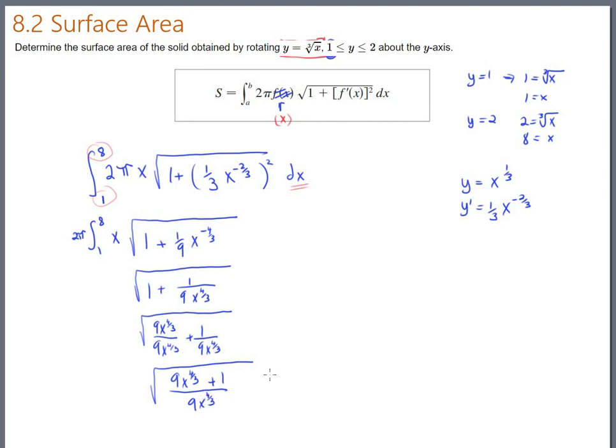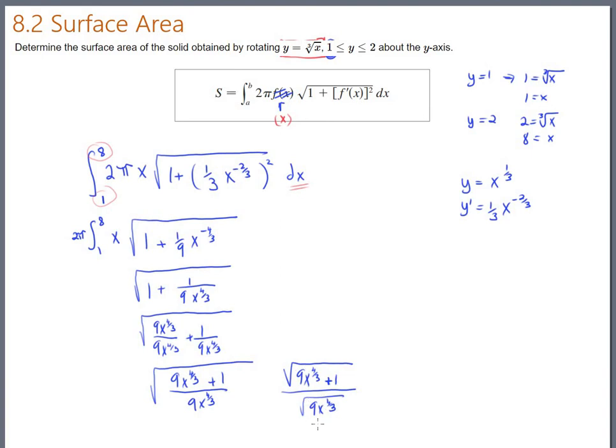The mechanics here are getting pretty similar to the last problem we did. I'm going to split this apart into the square root of 9x to the 4/3 plus 1, over the square root of 9x to the 4/3. This one on the top with the plus, there's not much I can do about that.